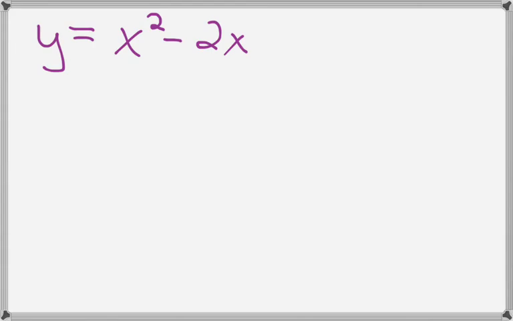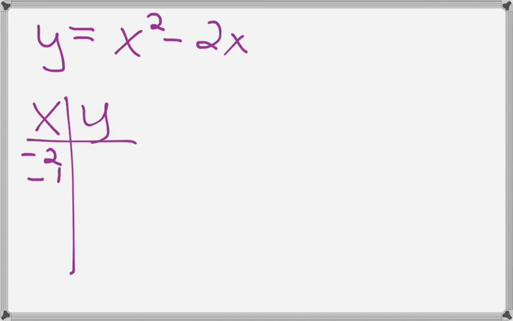So for example, here's an example of a relation. So if we wanted to graph this, we could choose some inputs. And then we could substitute them into the equation to find the y value.